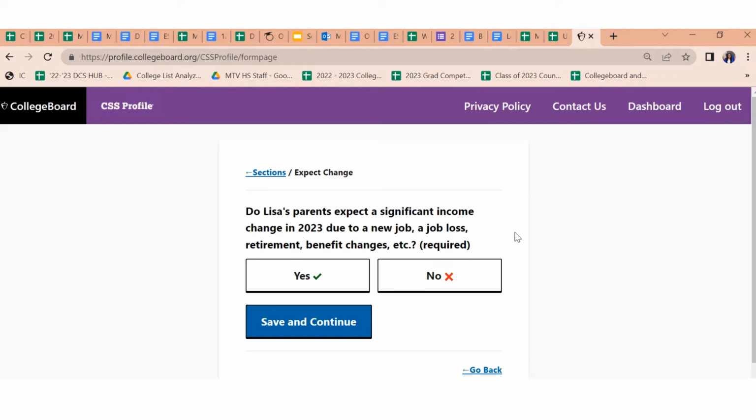This is required, so you're going to select either yes or no. Again, if you select yes, you will be able to explain that in the special circumstances section, and you should work very closely with your college counselor in doing that. I'm going to select no here for this example.